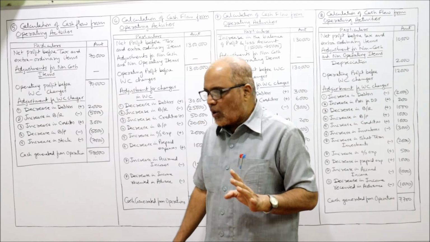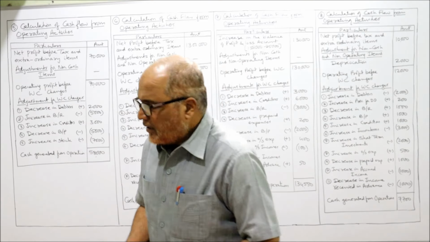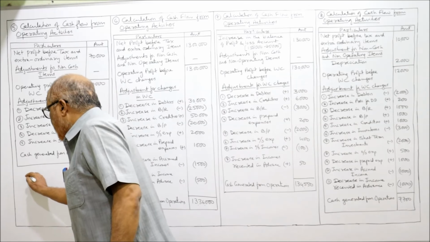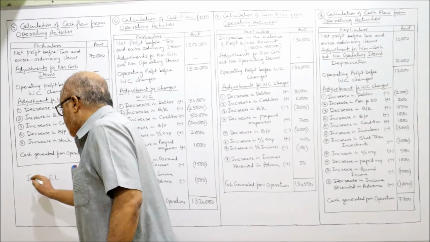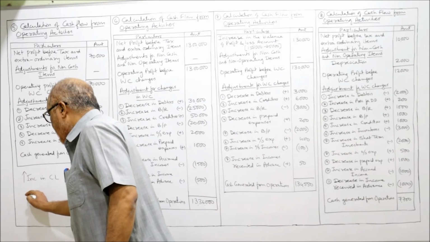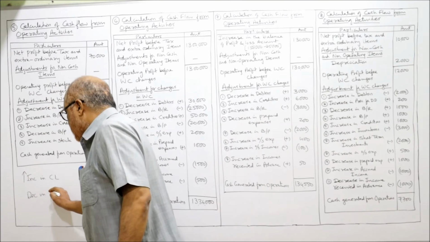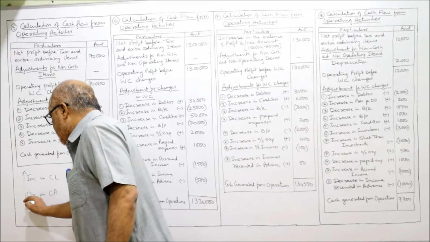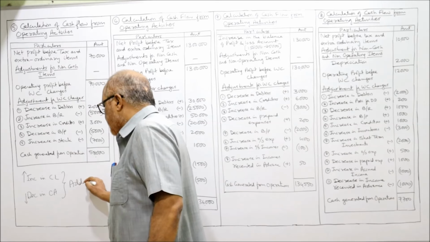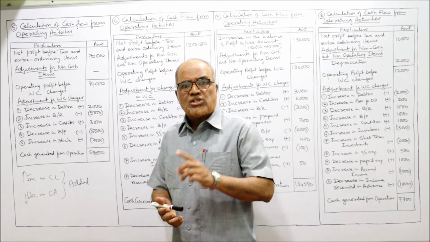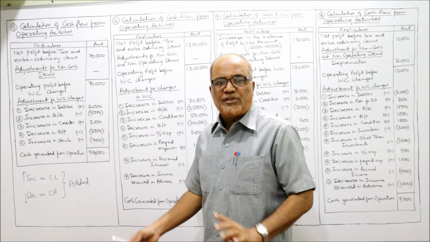So remember this rule always. Increase in current liability. Again I am writing here, increase in current liability. This is increase. And decrease in current asset. Decrease. These will be added. That's all. So remember till the last problem, you have to remember this rule.